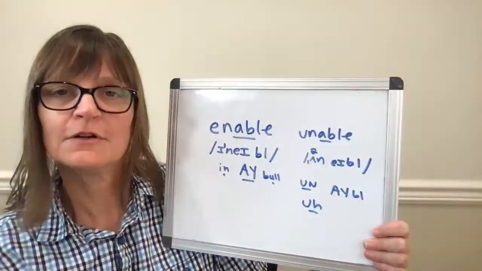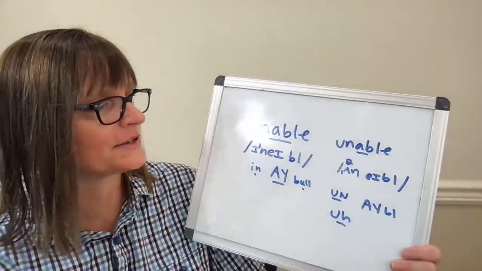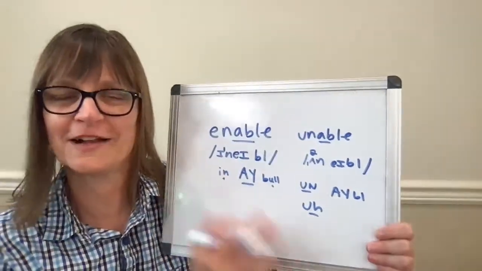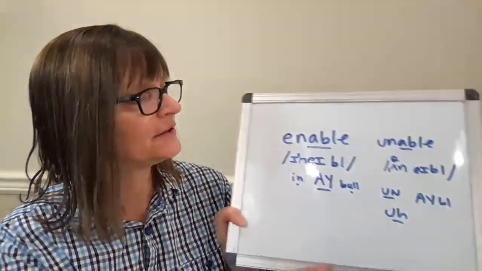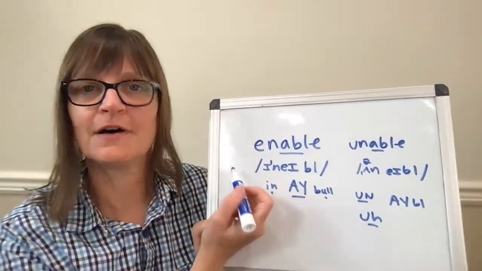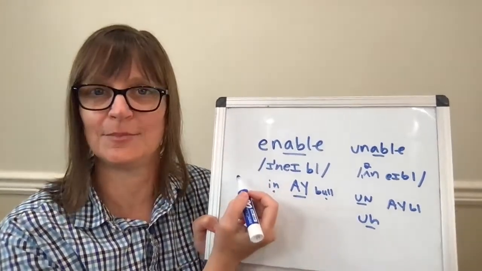They're very similar though, so that was a really good request. Thank you for that, and hopefully that cleared it up for you. To enable someone, I'm unable to enable you to do that. I thought it would be helpful to hear that contrast between those two words as well.